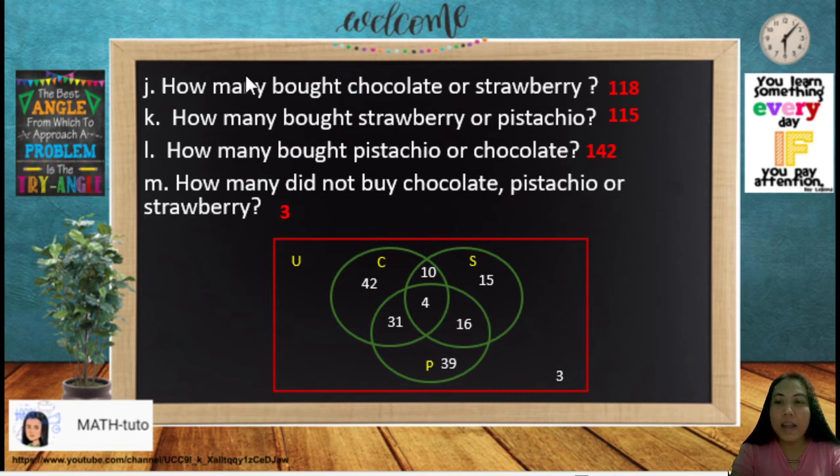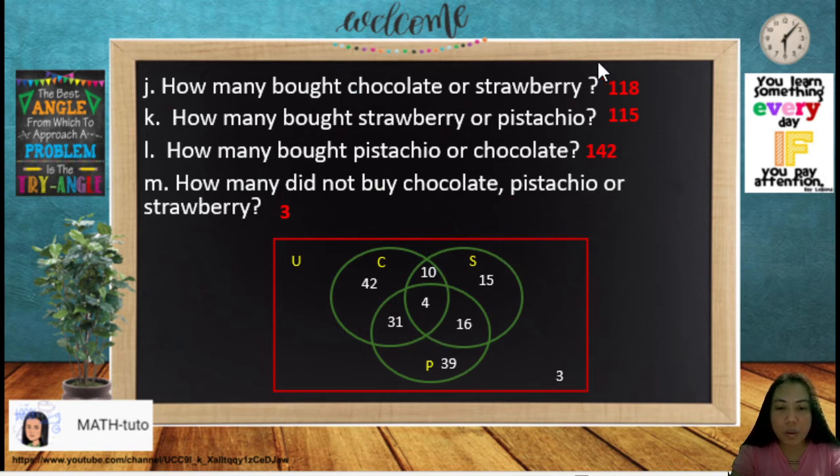Now, in this question in J, K, and L, this is the union of chocolate and strawberry. Diba, before we write 3 here, we have added all the elements, which is the union of chocolate, strawberry, and pistachio. And the answer to that is 157.